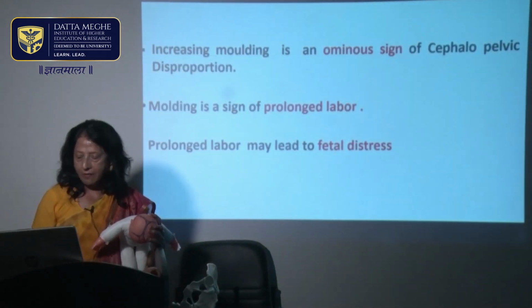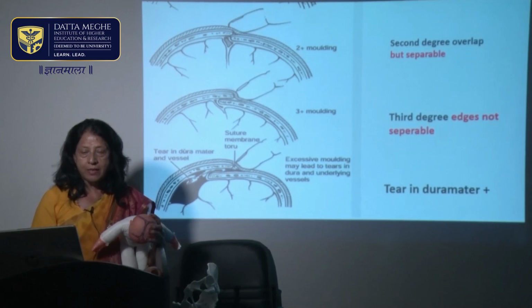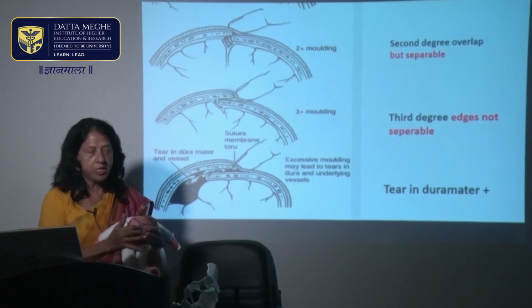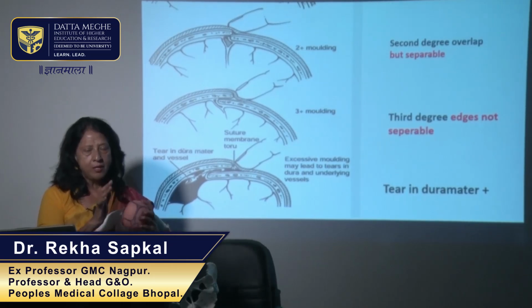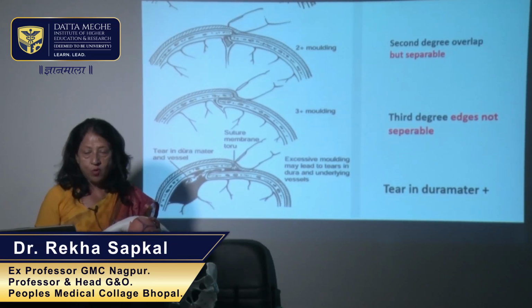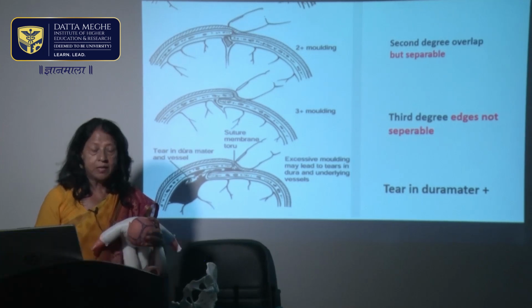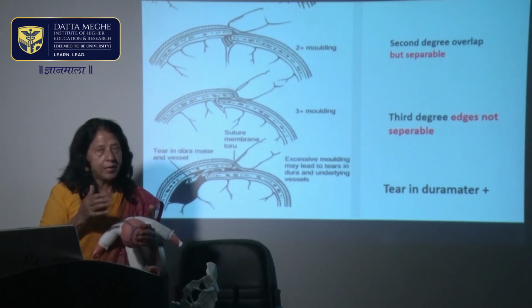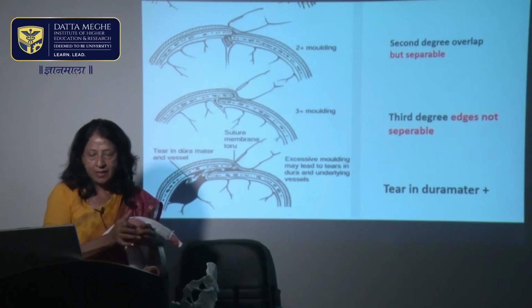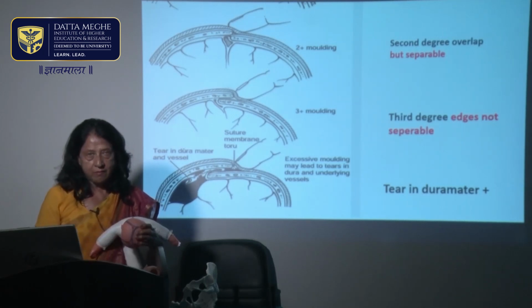Second degree molding, there is overlapping of the bones, but the bones can be separated digitally. When I do PV examination, a little separation of the bones is possible, it is okay, the bones are separable. In third degree, the head is so jammed in the pelvic cavity that the bones cannot be separated, they are fixed, that is a bad sign.